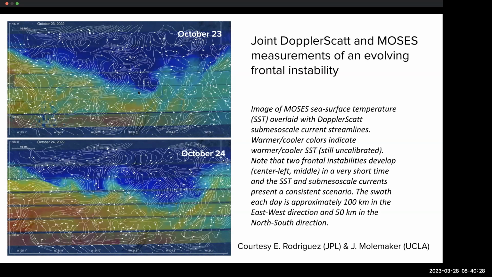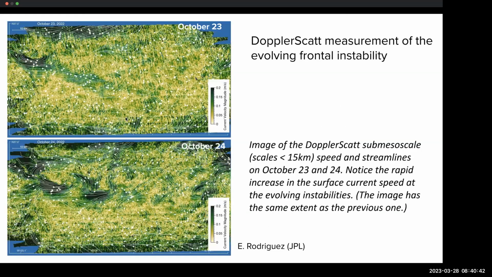And you can see this beautiful relationship between the submesoscale currents and the front as seen by the SST. You can also see in the currents developing very quickly between October 23rd and 24th some very large instabilities developing and then moving on as waves down the front.